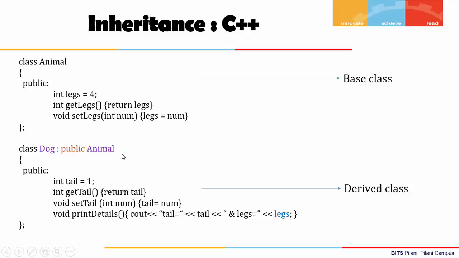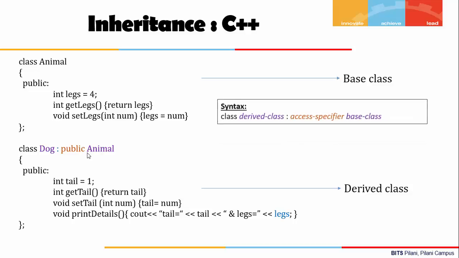This particular heading indicates that animal is a public base class. So when we use the word public here, it indicates a public derivation. With public derivation, the public members of the base class become public members of the derived class.